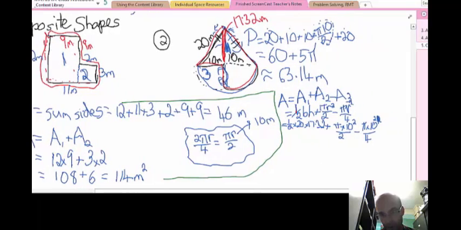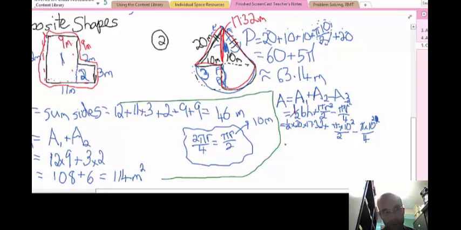Just giving myself some more room here, so I've gotten a bit squished up. Do it in chunks, so half times 20 is 10. 10 times 17.32 is 173.2. Pi times 10 squared. 10 squared is 100, so you've got 100 pi over 2. 100 over 2 is 50, so we've got 50 times pi.